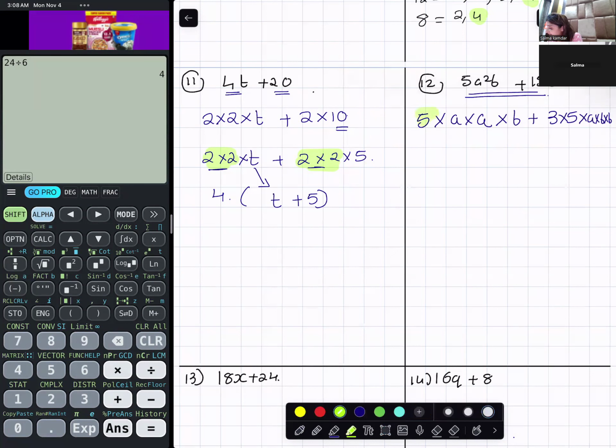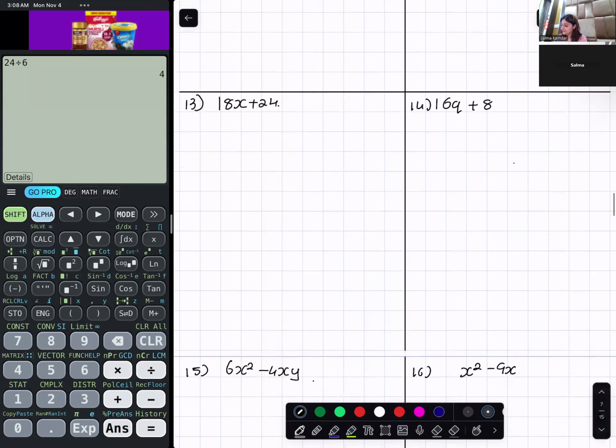Common factor is 5A and B. 5A and B. Common factor is written outside. Everything else, that is A plus, over here it is 3B. I'm left with 3B, will be written inside the bracket.